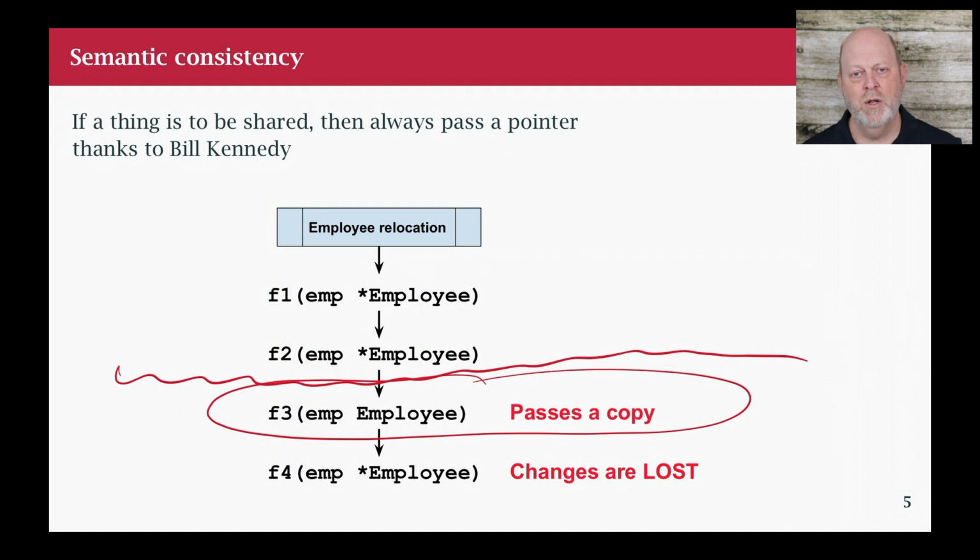So in the middle of this call chain, I made a copy of the data, and below that, I'm mutating the copy, and any change made really in F3 or below is no longer visible to the actual original employee record that was passed into the top. So if we're going to go down the road of using reference semantics, particularly if we're doing it for efficiency, we need to make sure we're consistent in our function signatures, that they're all on board using reference semantics.